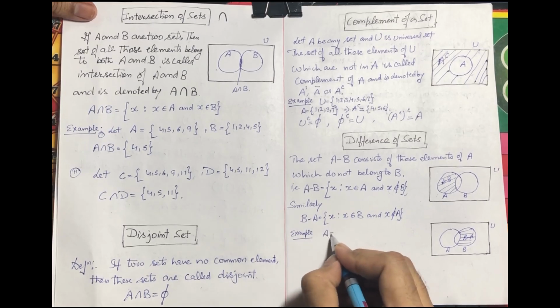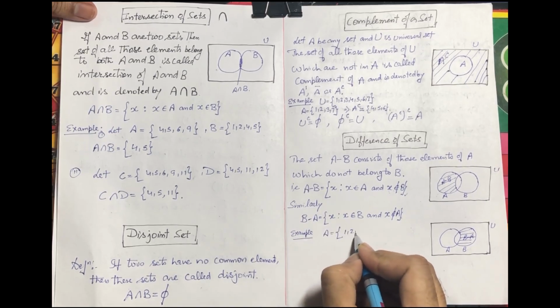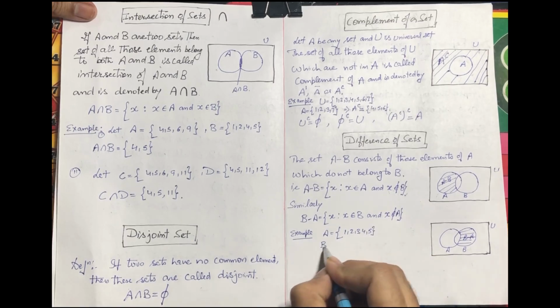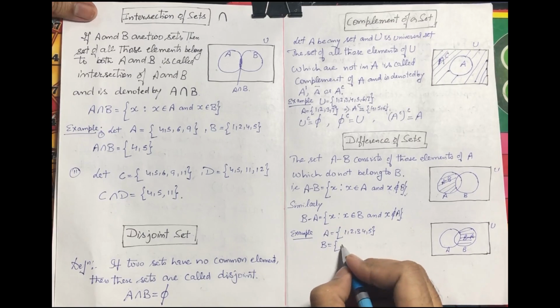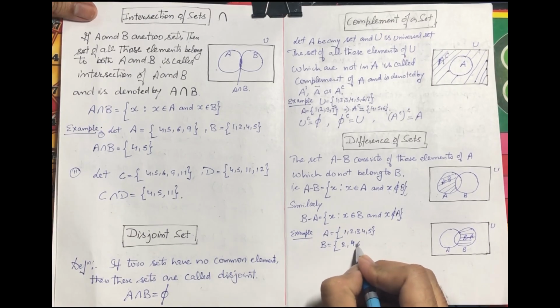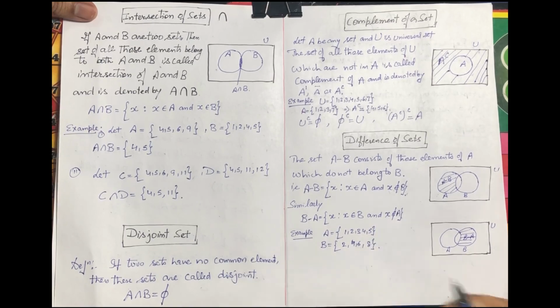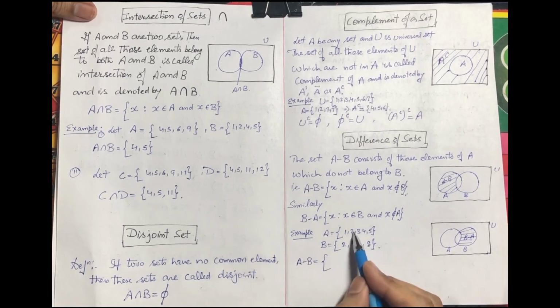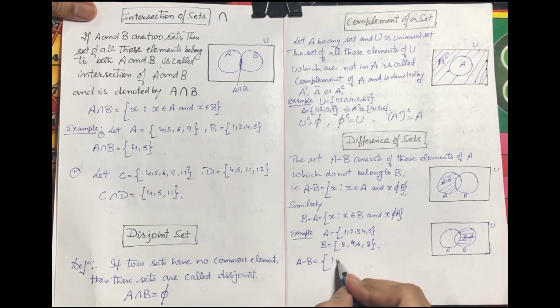Let A be equal to {1, 2, 3, 4, 5} and B equal to {2, 4, 6, 8}. First we try to express A minus B. Elements of A which are not in B, what are those? 1, 3, 5.